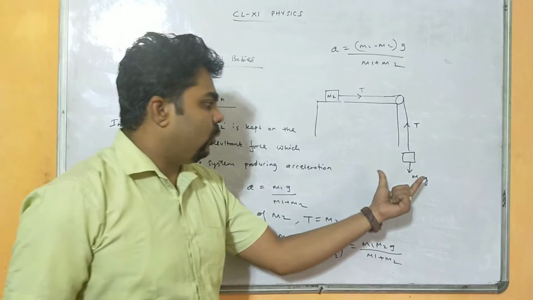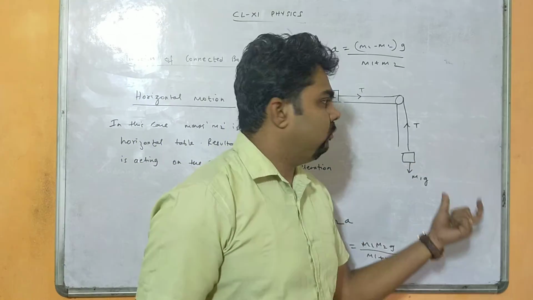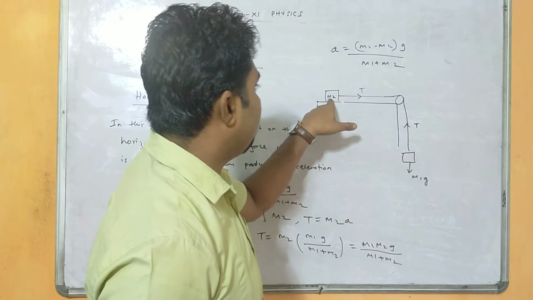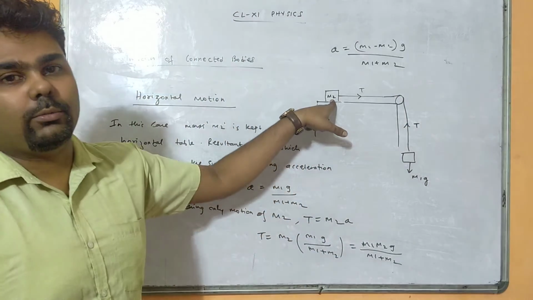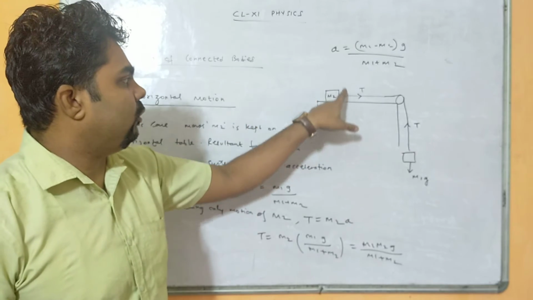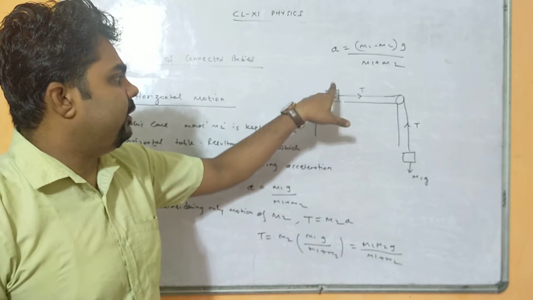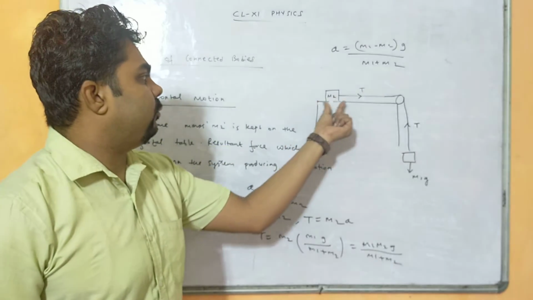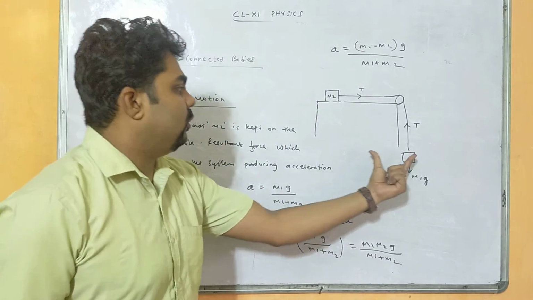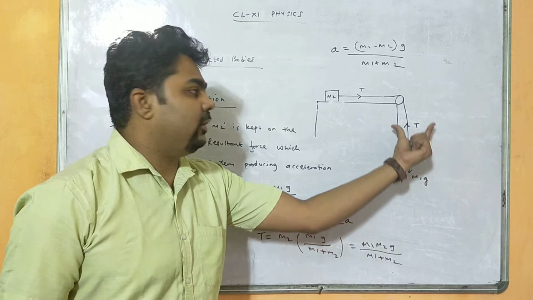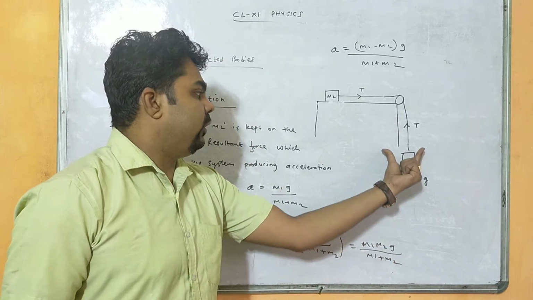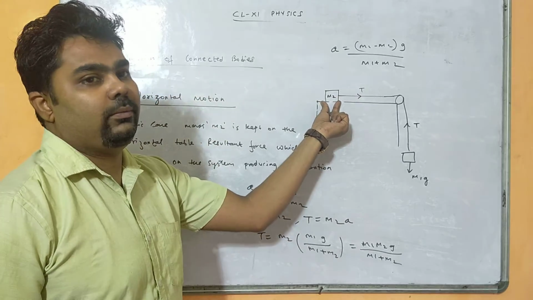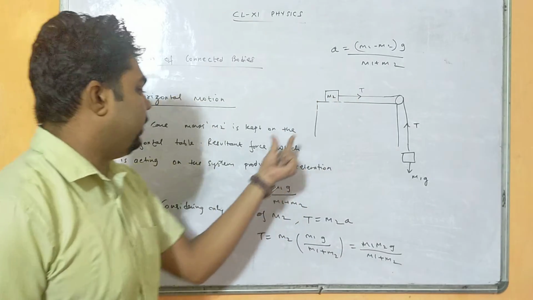Now when this object is coming down, there is a tension produced in this string, and this tension is equal to the force acting on this body. What is the force acting on this body? That is m2a. This m2a becomes equal to the tension. When these forces become equal, this object remains still, it does not fall down. So this tension is withstood by this force, that is T equals m2a.